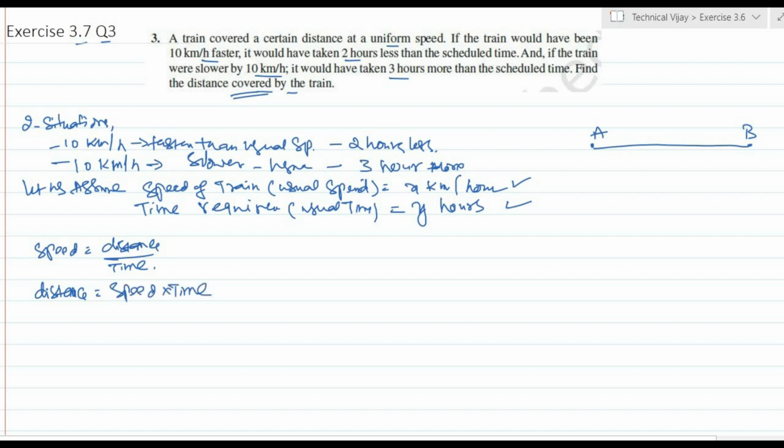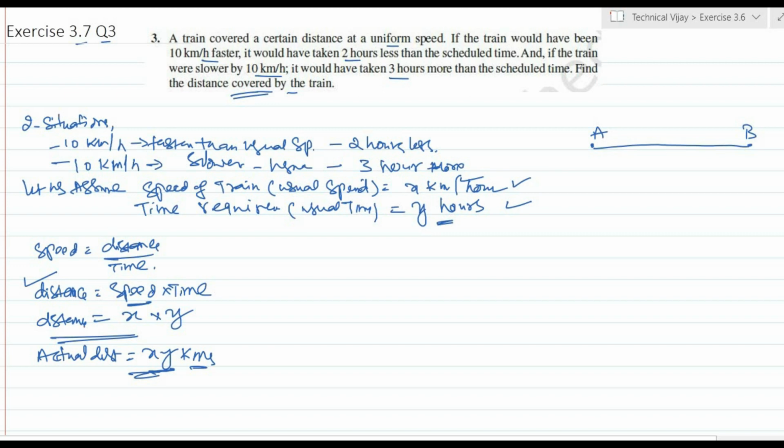The distance will be the same. The usual speed is x and the usual time is y, so the actual distance is equal to xy kilometers, because x is in kilometers per hour and y is in hours. So this is the assumption. Now we will come to the problem.